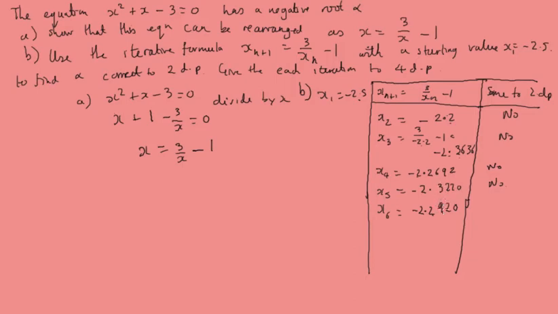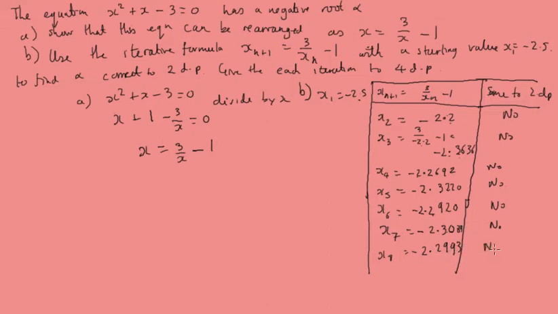To 2 decimal places, so no, that's not. x7 is minus 2.3089, so no, because that'll be rounded up to 1. x8 would be minus 2.2993.